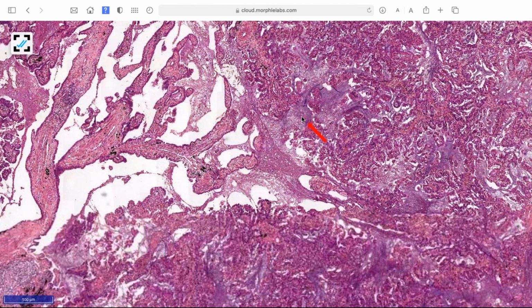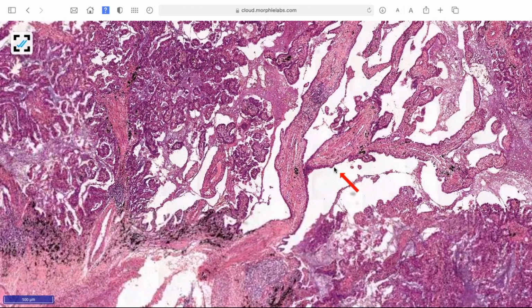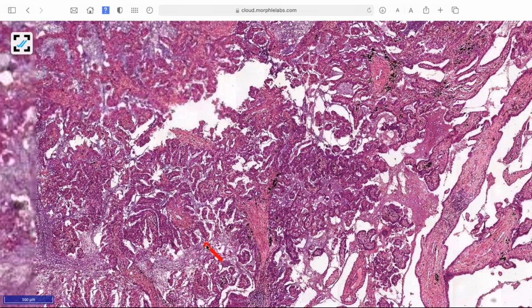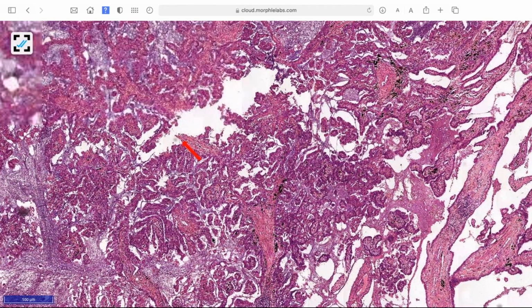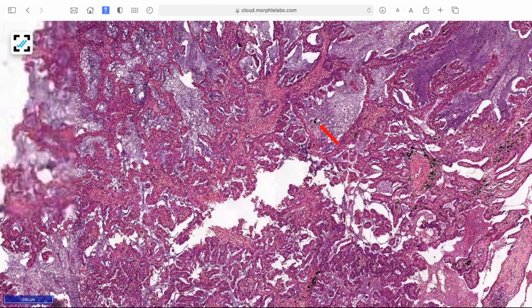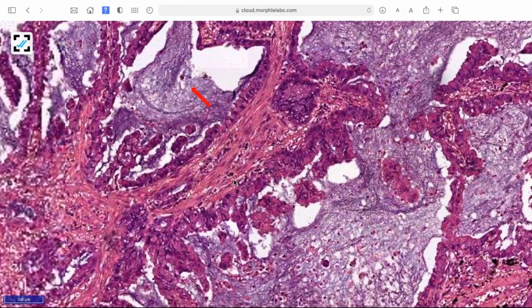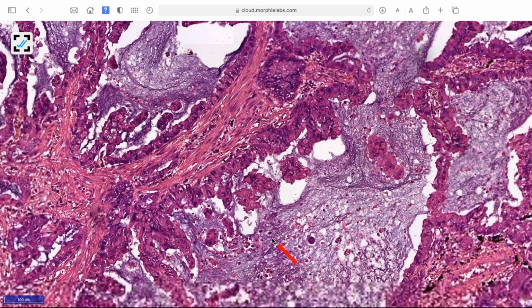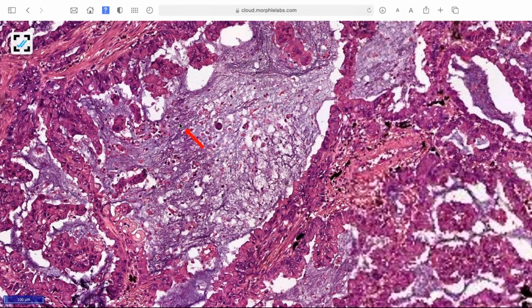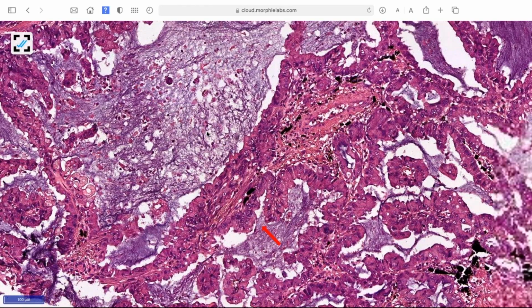This mucinous material is more than what you can see in acinar carcinoma. So by diagnosis, this is a mucinous adenocarcinoma. You can see a lot of mucin, both intracellular and extracellular.